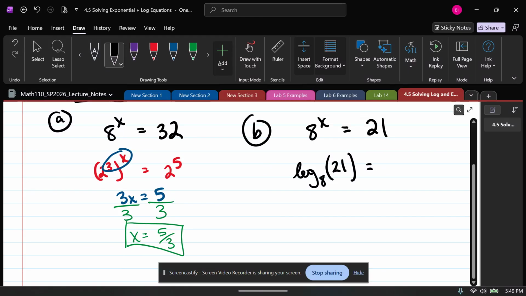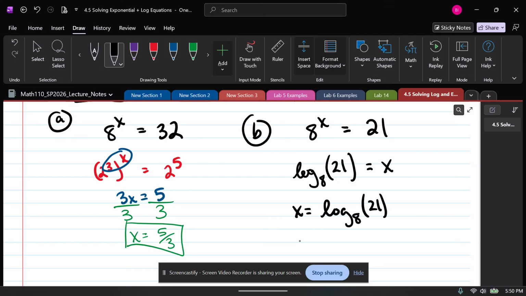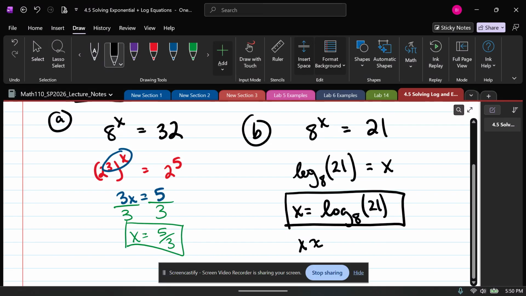It's equal to the exponent, which is x. So I have log base 8 of 21 as my solution. Log base 8 of 21. And then I can get the decimal approximation for that.